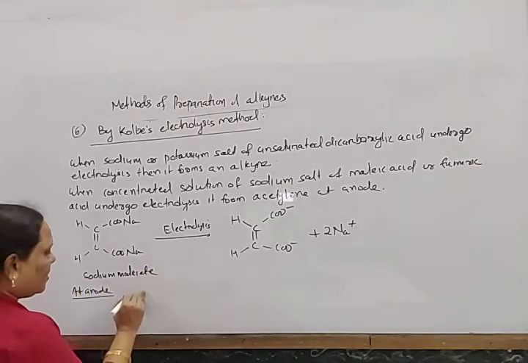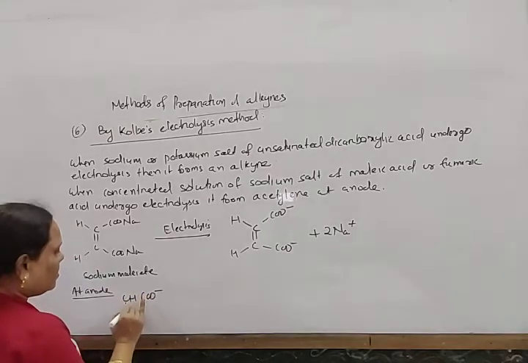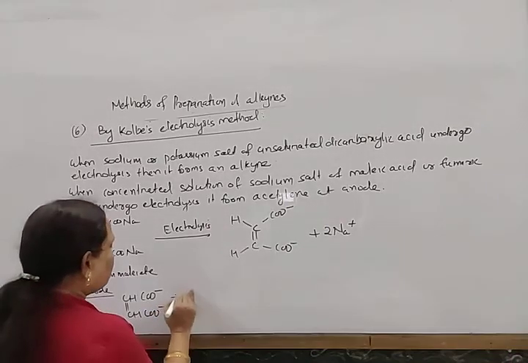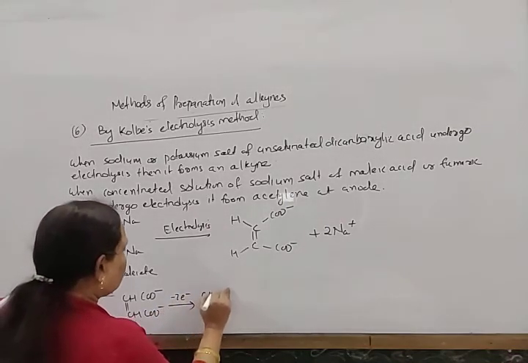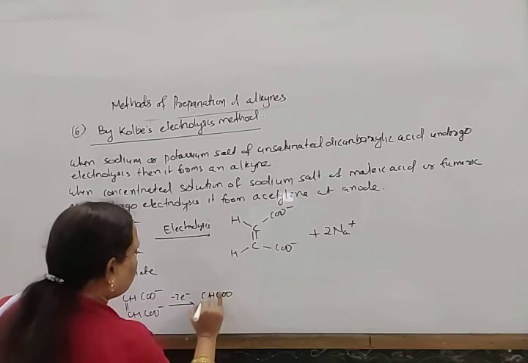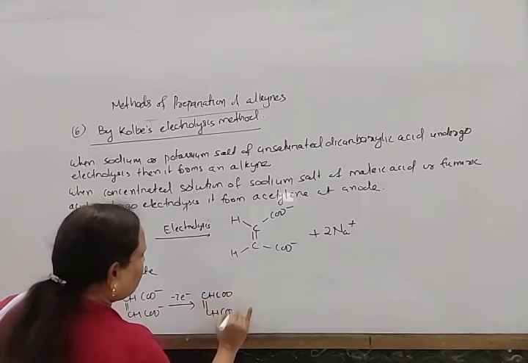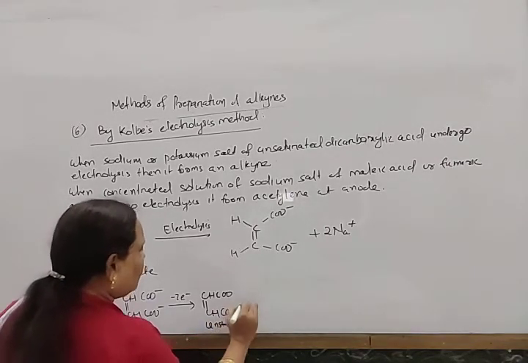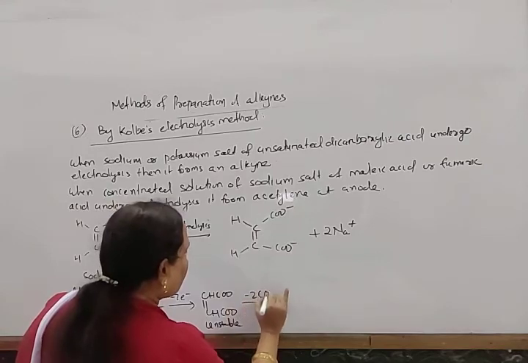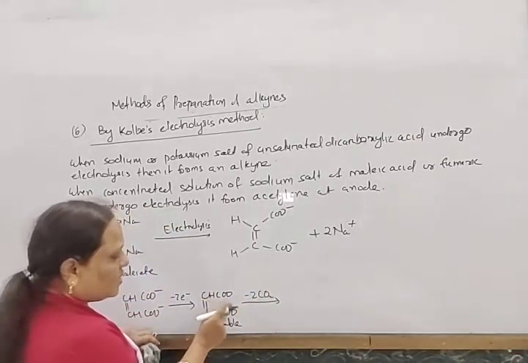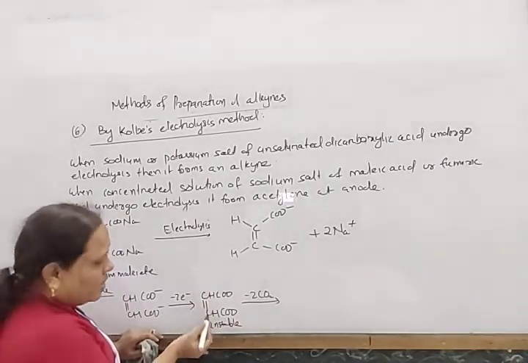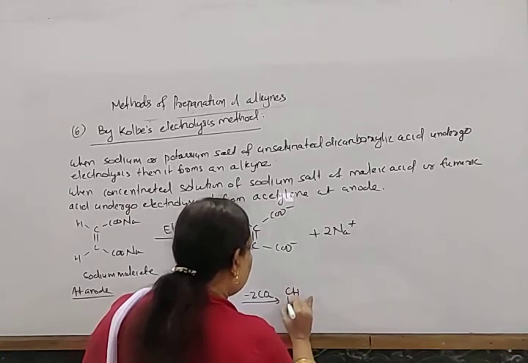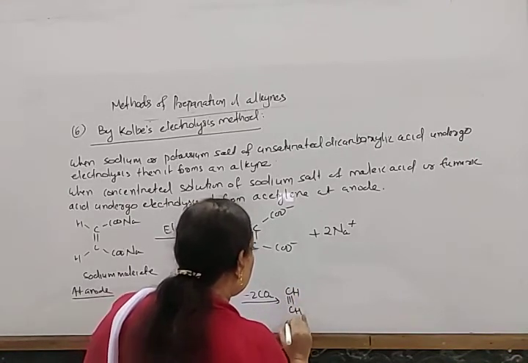CH, COO minus, double bond, CH, COO minus, minus 2 electrons, it gives rise to CH, COO, double bond, CH, COO. And this being an unstable intermediate, removal of carbon dioxide takes place, bond breaking takes place, and a new bond is formed between CH and CH. In this way, it forms CH triple bond CH, that is acetylene.